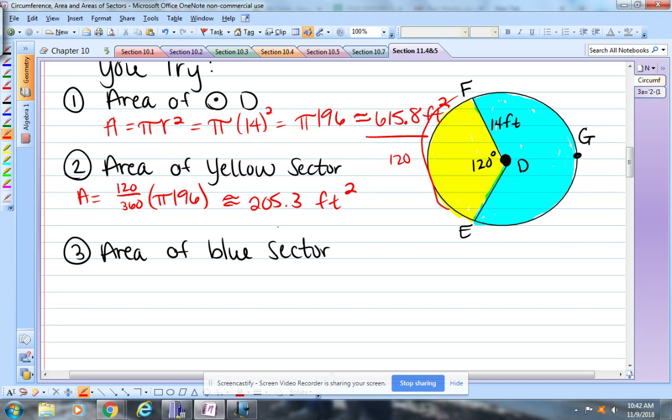Yeah, you can say this minus this, can't you? Y'all do that, or did you do it separately and do the blue? Did anybody do it separately and do the blue? Okay, so y'all did 615 minus 205 approximately. What did you get when you subtract those? About 410.5 square feet.